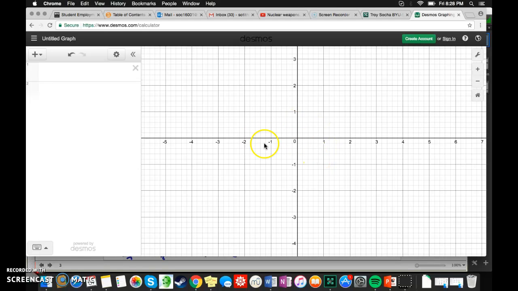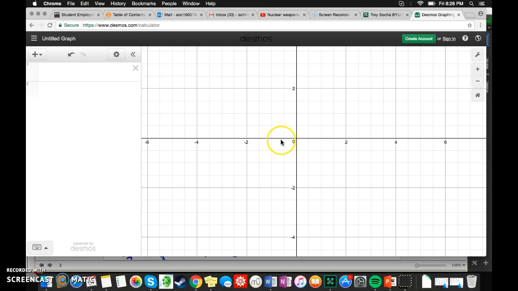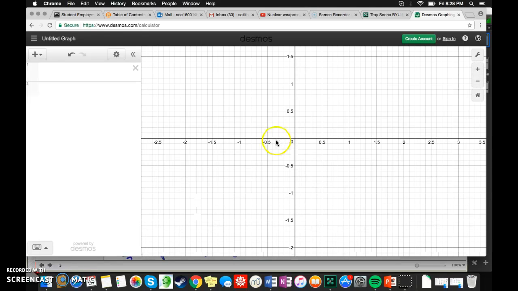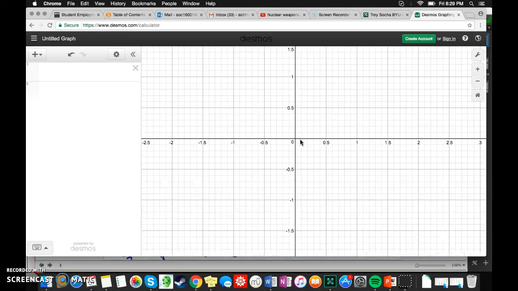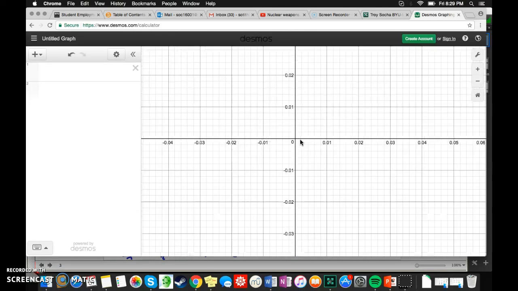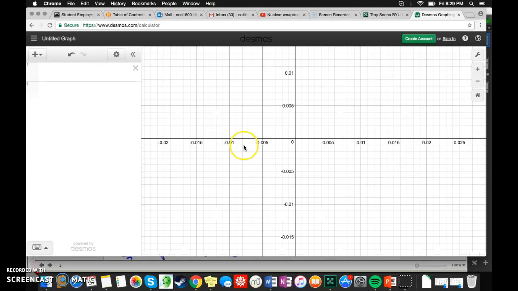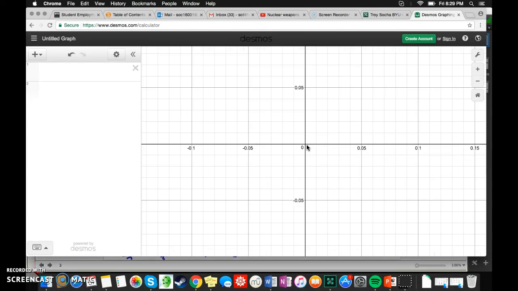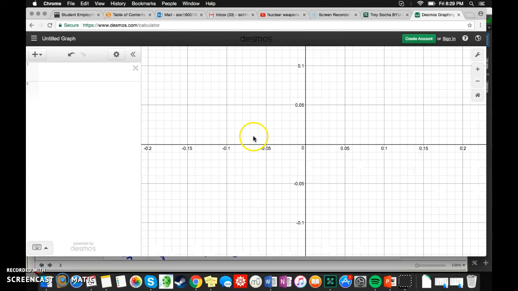So in between each 1 and 2, right about here should be 0.5. We zoom in, and yep, there's 0.5. Now you see how it's in between negative 1 and 0? So this is 1/2. If we go deeper, it's just going to keep getting smaller and smaller as we get towards 0. Every number between 1 and 0 is contained in this line right here, from this line to this line.